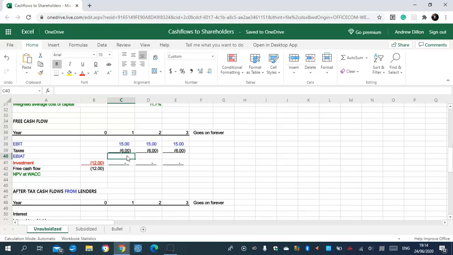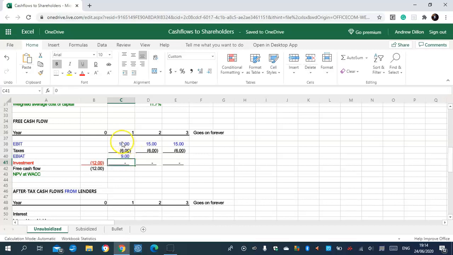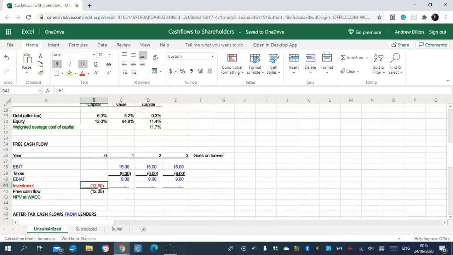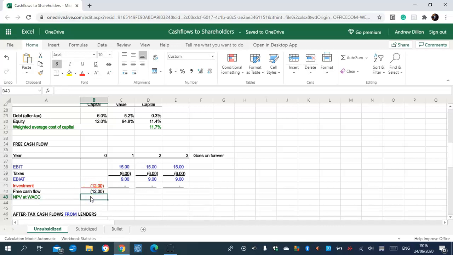Okay, next calculation is EBIT. EBIT plus taxes, which is minus because they're in brackets. Yeah, next step is to calculate the free cash flow.